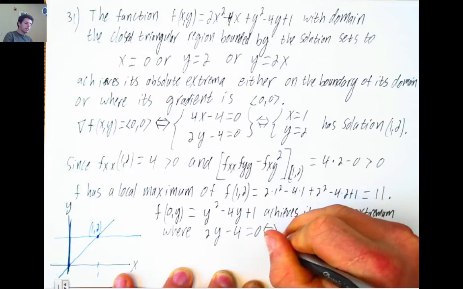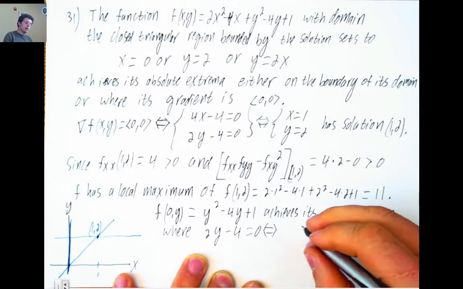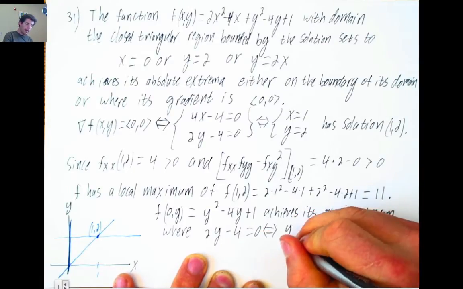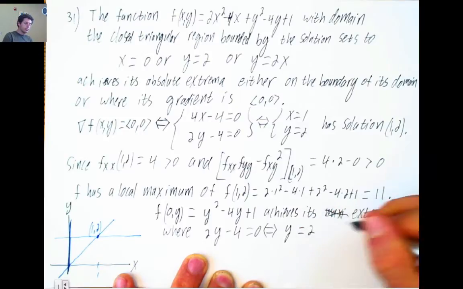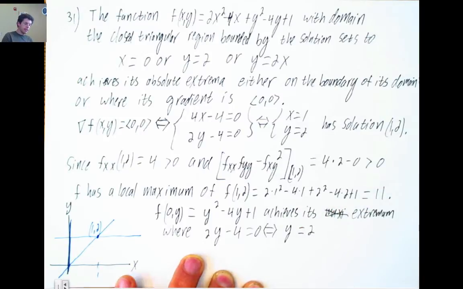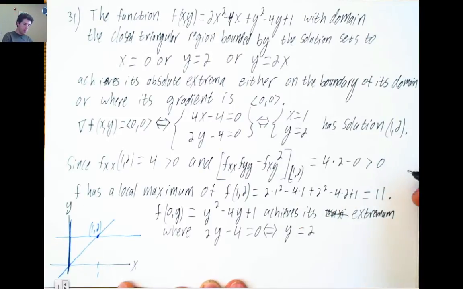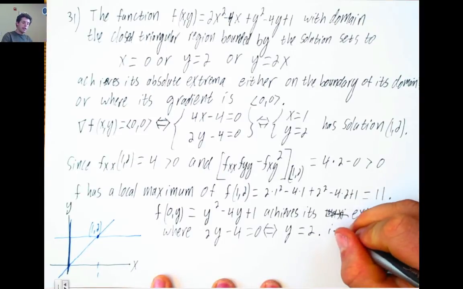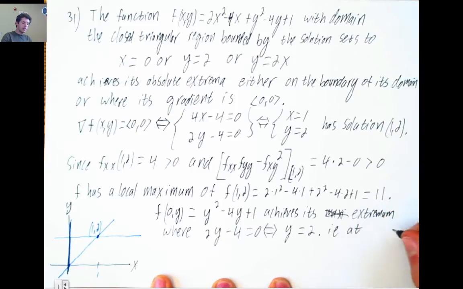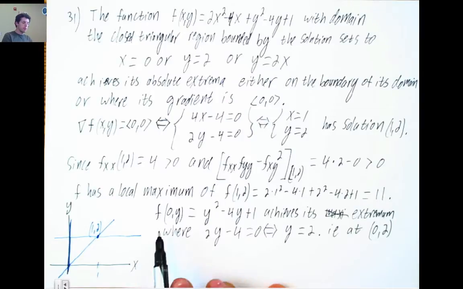And that is the same thing as saying y is 2. Okay, so at the point 0, 2, right? Because we're looking along the line x is equal to 0.